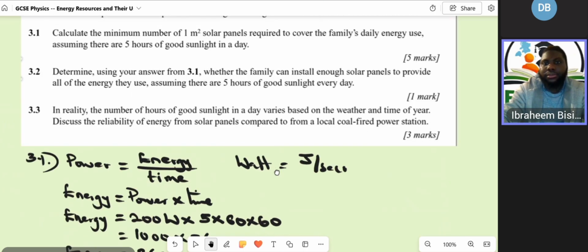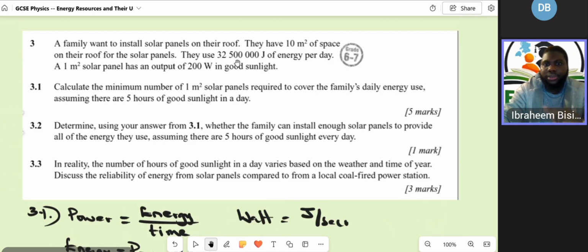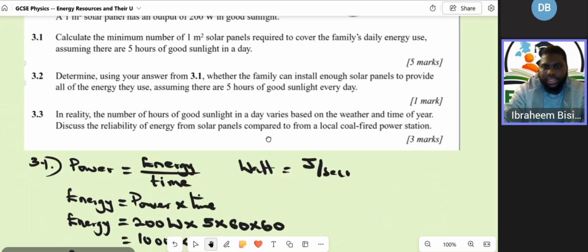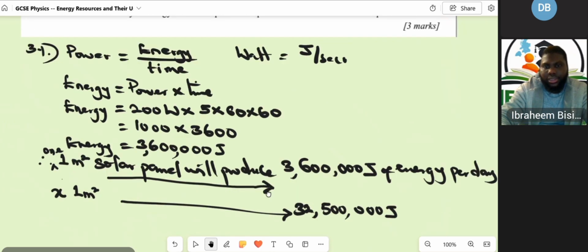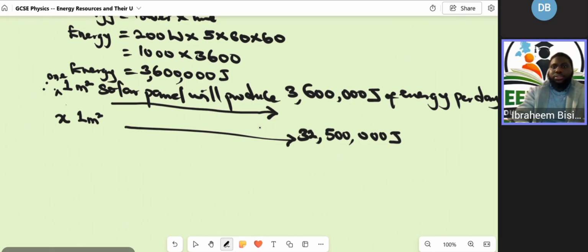Let's confirm that. You can do cross multiplication. I'm just showing you this to understand why we are dividing this by this. So X is the number of 1 square meter solar panels that we need.